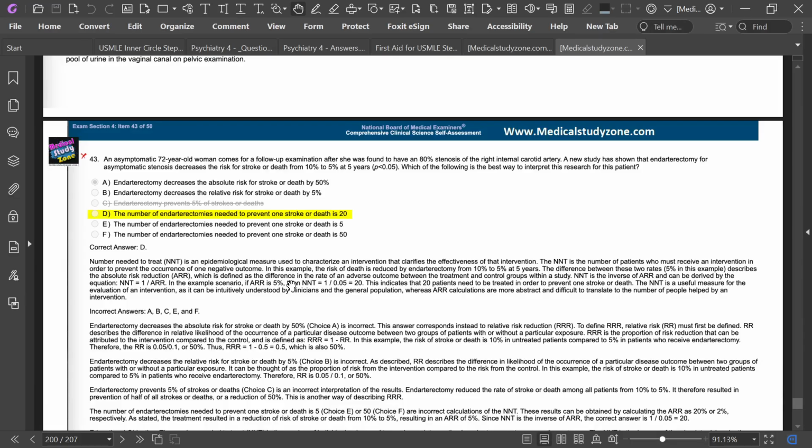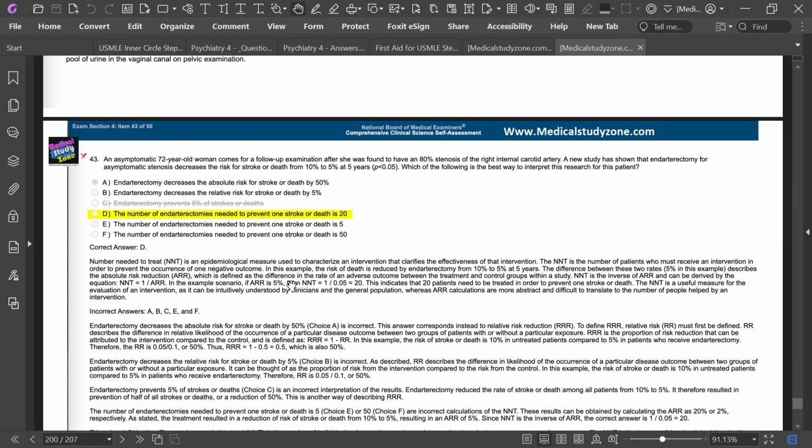Number needed to treat is an epidemiological measure used to characterize the intervention and clarifies the effectiveness of the intervention. The number needed to treat is the number of patients who must receive an intervention in order to prevent the occurrence of one negative outcome.